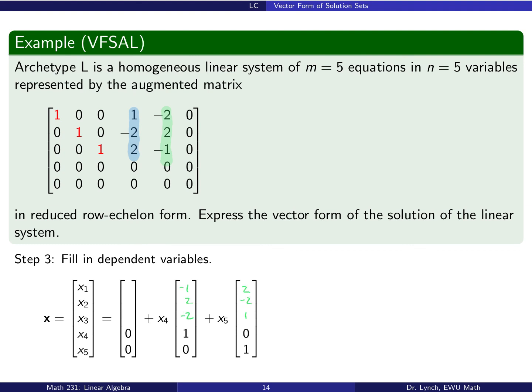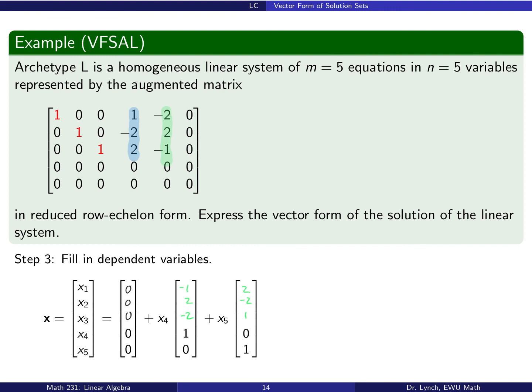And then finally, we can fill in the elements of that extra vector of constants corresponding to this augmented portion. Okay, so as expected, the vector form of the solution of this linear system can be expressed as a linear combination of 2 vectors plus one more.